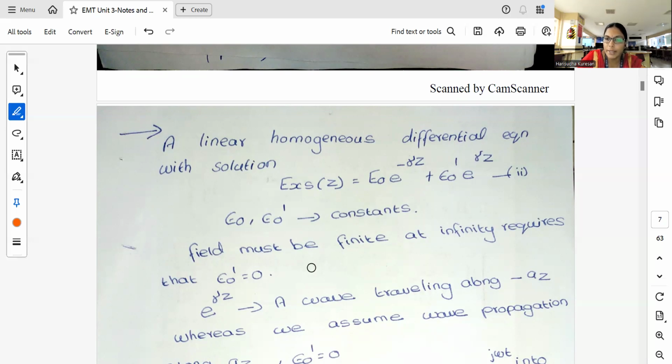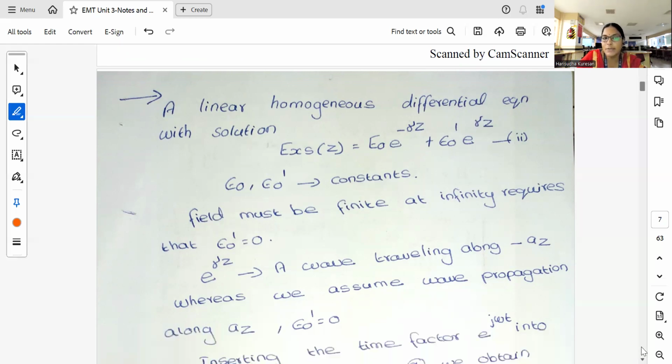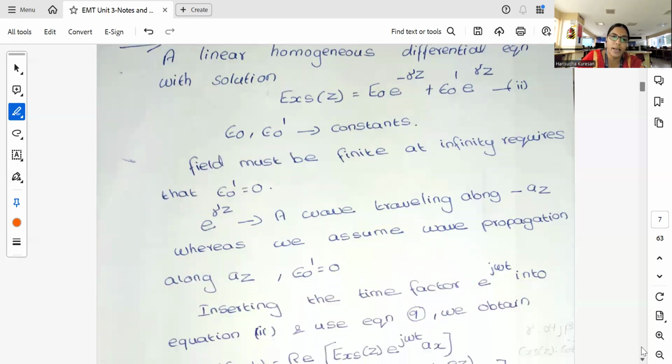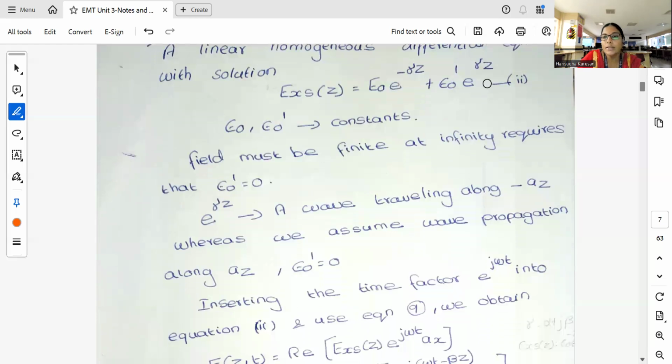The field must be finite at infinity, which requires that E0' be equal to 0. What is e^(γz)? It is a wave traveling along the minus az direction, whereas we assume the wave propagates along az. Therefore, E0' will be equal to 0.